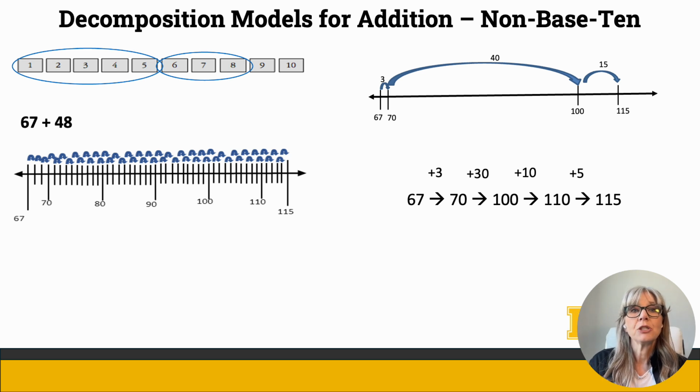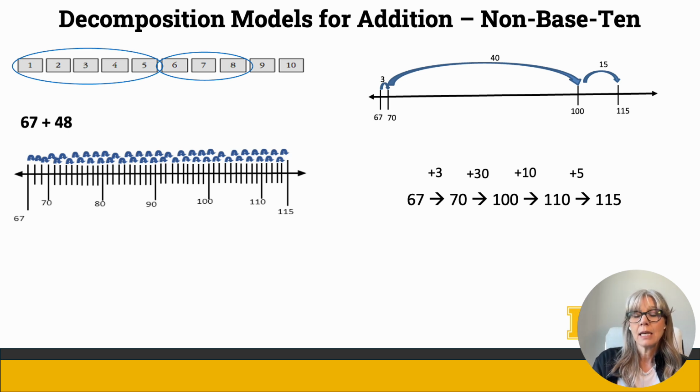A natural extension from open number lines is what we call arrow language. We want to be careful not to use the equal sign because it's actually misusing it. If we do 67 plus 3 equals 70, plus 30 equals 100, plus 10 equals 110, we're misusing the equal sign.